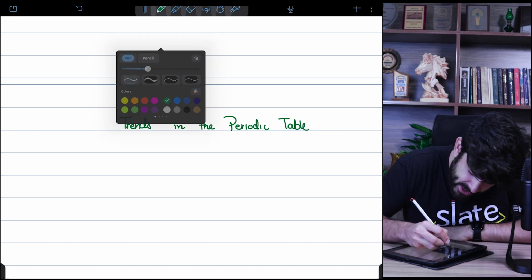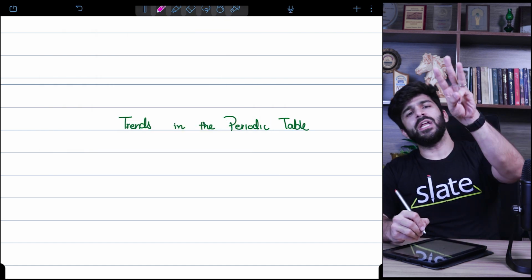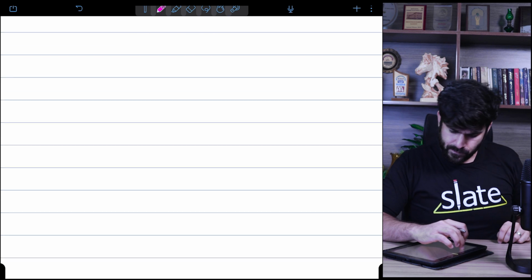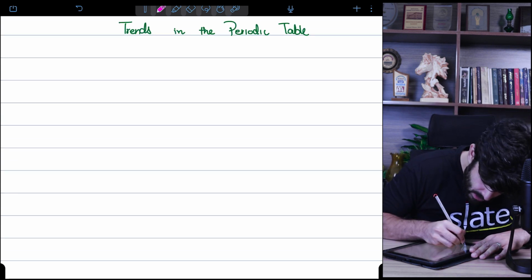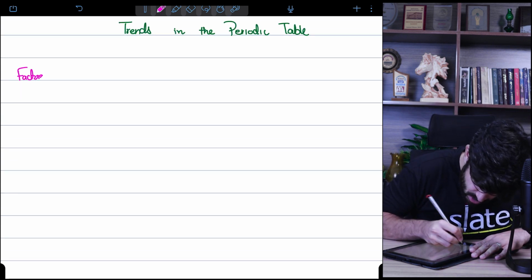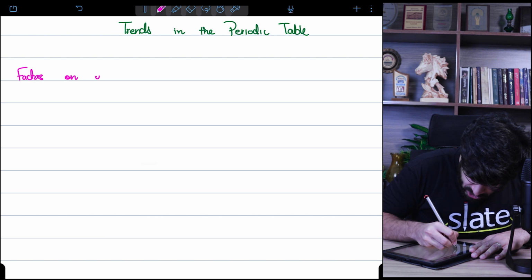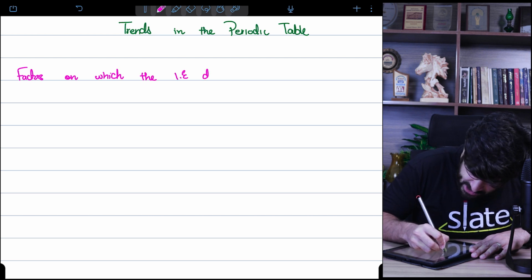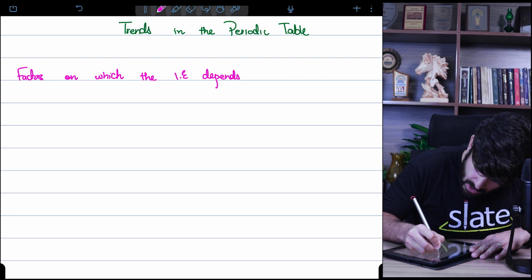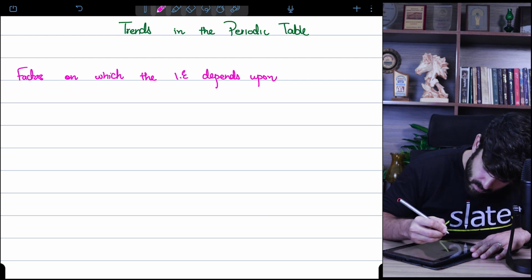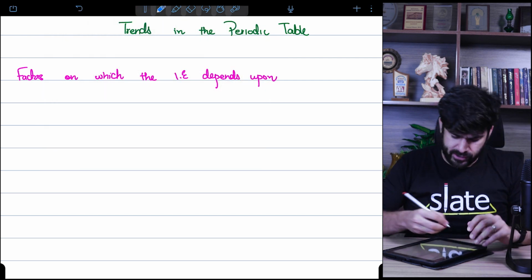In order to study the trends, there are three factors at play. Factors on which the ionization energy depends. There are three factors.